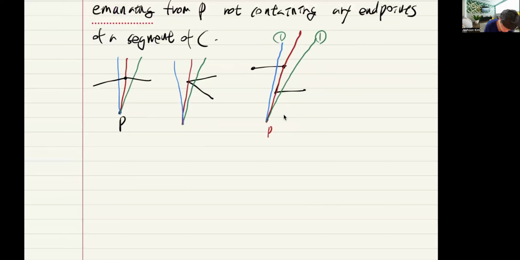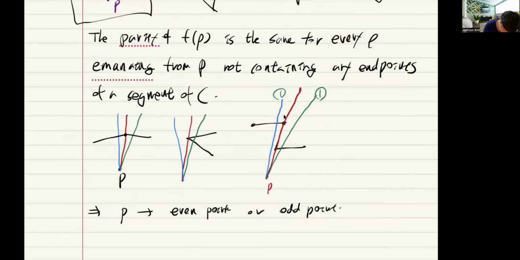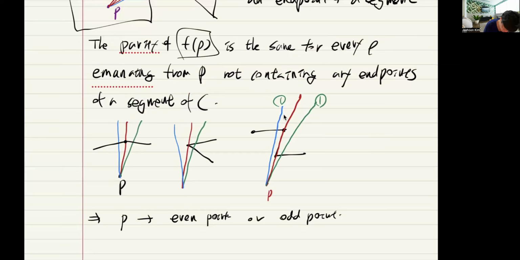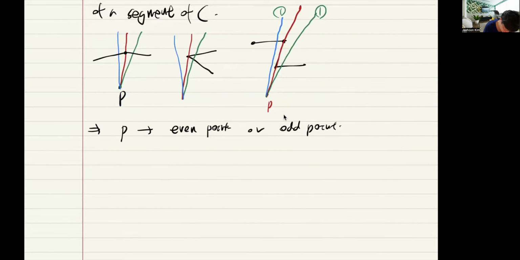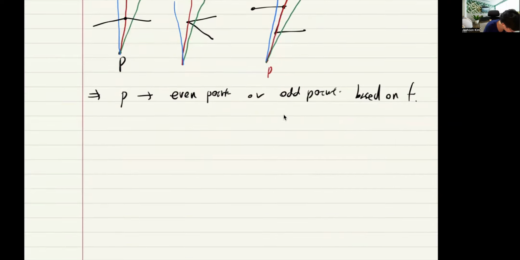So this says that for a given P, we can either say that this is an even point or an odd point, meaning that you consider all the rays, and as long as the ray doesn't contain any endpoints, it gives the same parity. So it's either an even point or an odd point based on its value of F.